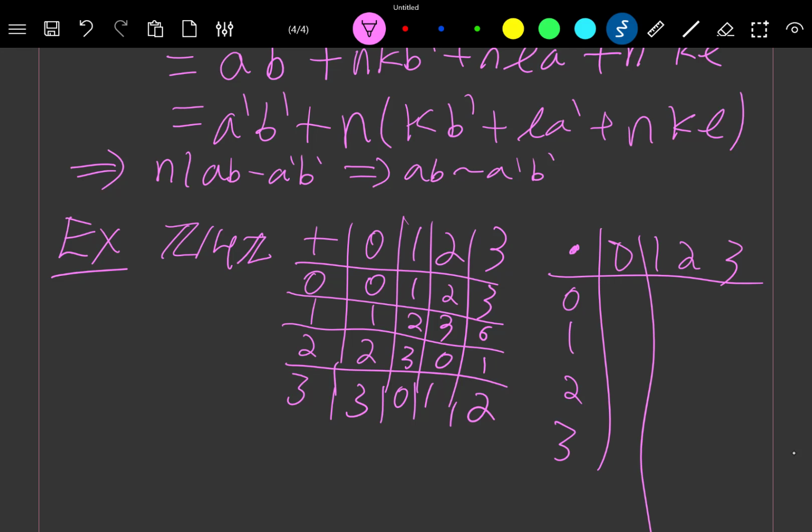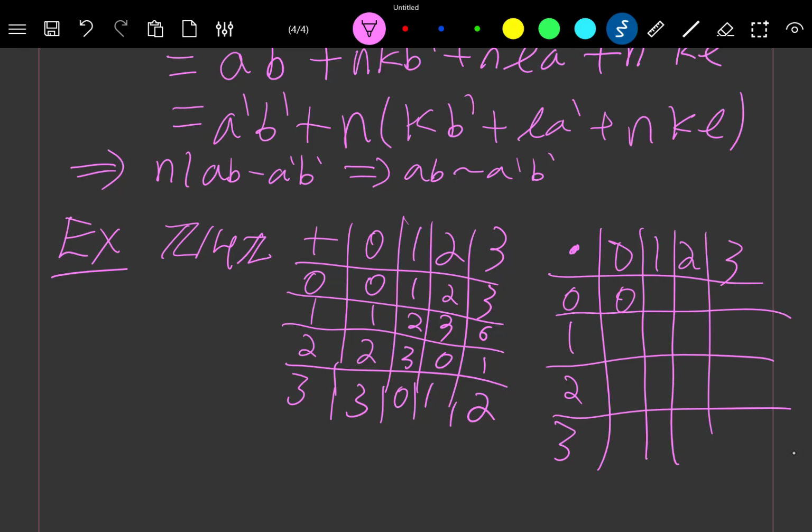we're going to notice something strange happens. So we have all the zeros here. 3 times 3 is 1. 3 times 2 is 2.